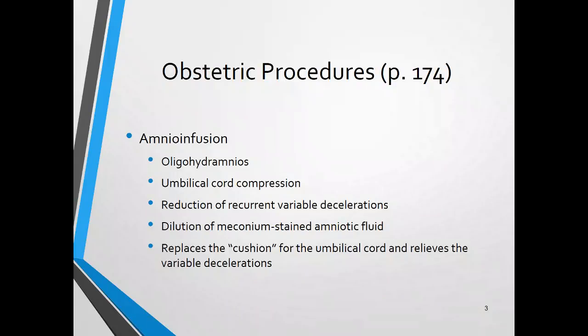There's a way to do that through an IUPC, an intrauterine pressure catheter. Another reason would be cord compression, when there are a lot of variables, or dilution of meconium stained fluid. Basically it replaces that cushion for the umbilical cord and relieves those variable decelerations.